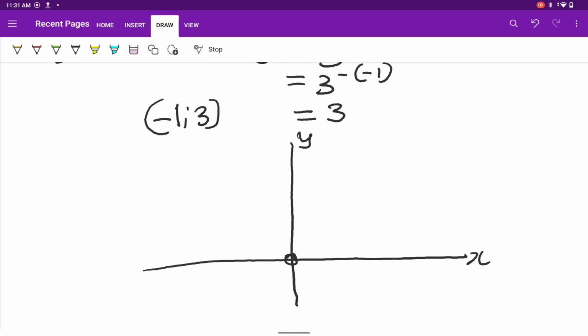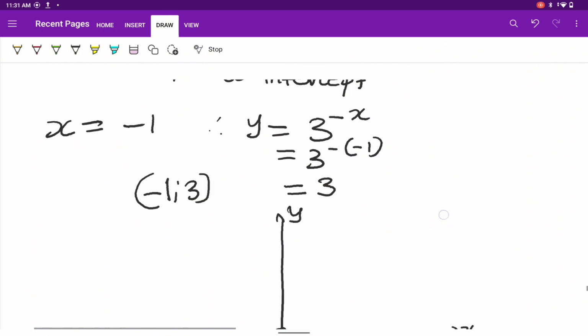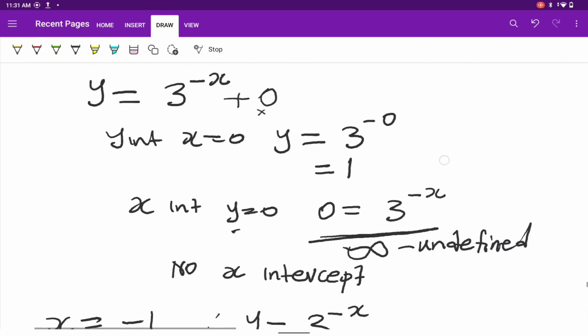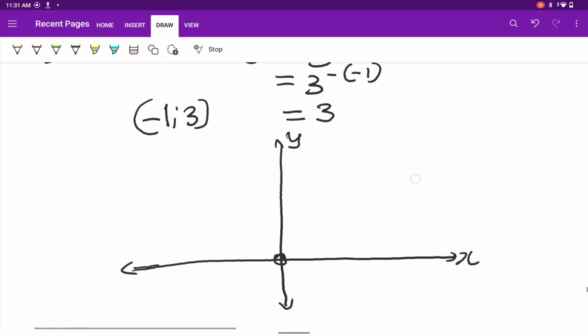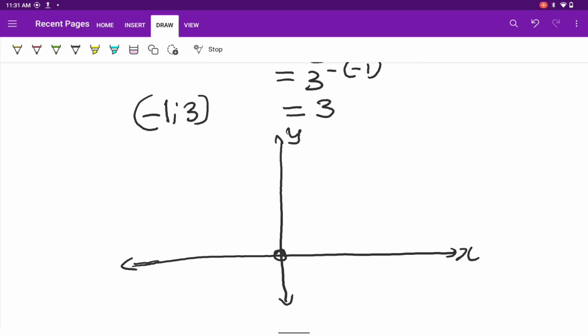Right, so now we said that our graph, the y-intercept, is actually cutting at 1. The y-intercept is at 1 and the asymptote is at 0. So our graph will cut here at 1, right? And this line, the x-axis, is the line y equals 0.